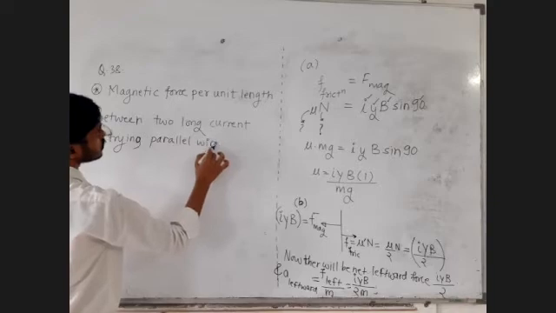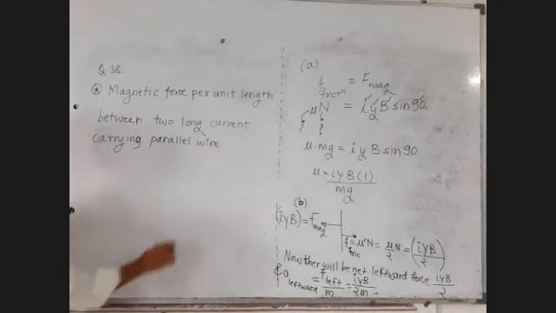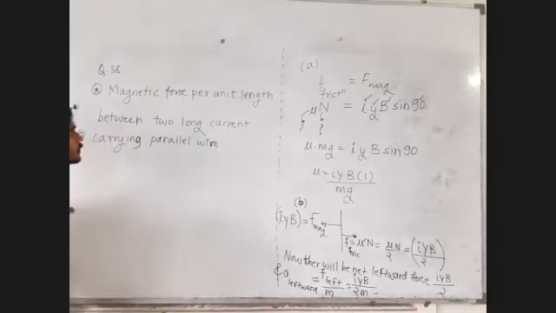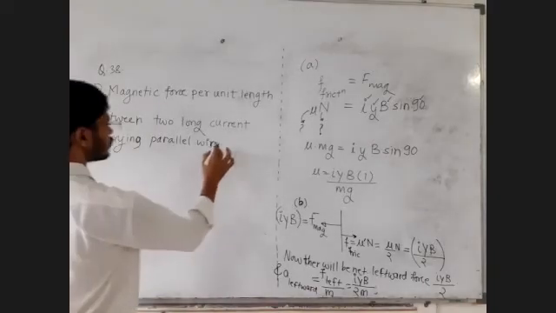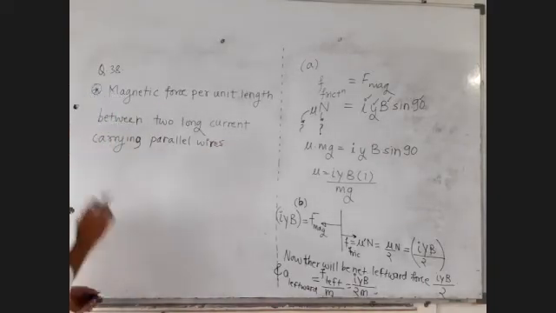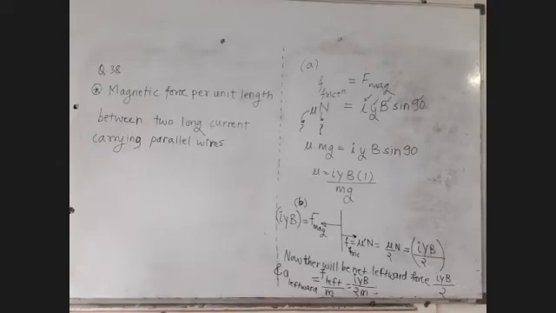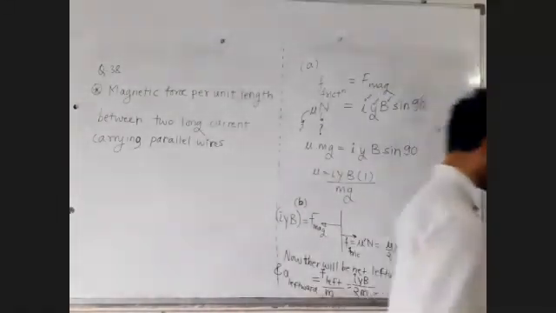Magnetic force per unit length. I am not talking about force, I am talking about force per unit length, between the two long current carrying parallel wires. Now let's see what this is. That we have to prove. Some derivation we have to do.